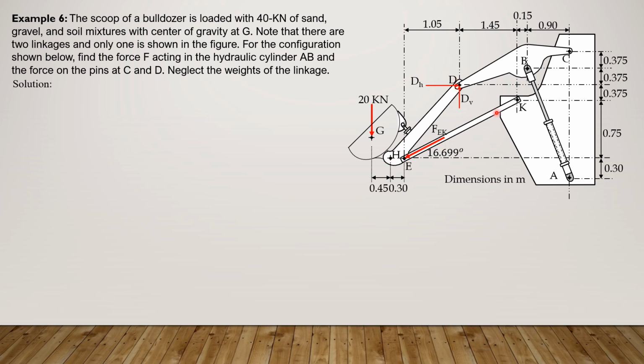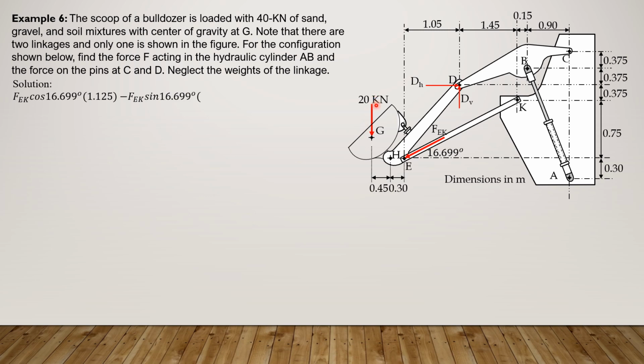If we consider this part only, FEK times cosine of 16.699, clockwise positive, times moment arm 0.75 plus 0.375 is 1.125. Then minus FEK sine of 16.699 times 1.05.